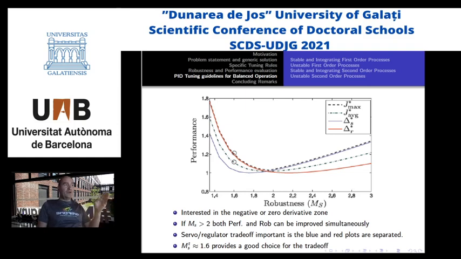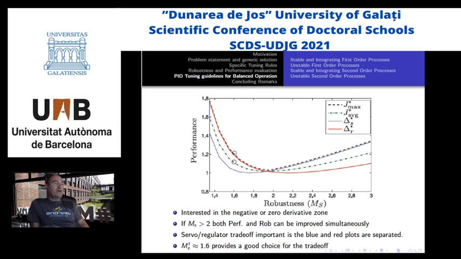If you are at 2.4 and you move to the left, you will get a system that is more robust, with lower values of MS, and at the same time with higher performance, because the values of the cost function will be lower. So this determines what areas of the graphic you need to work with.